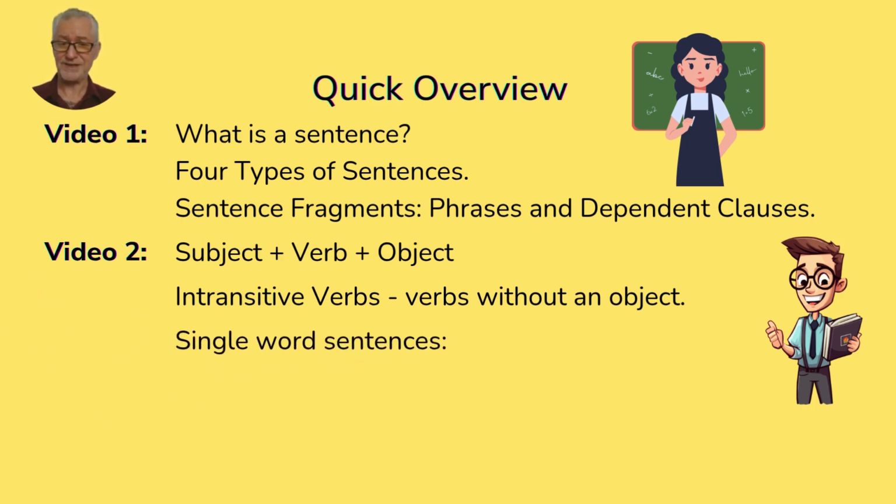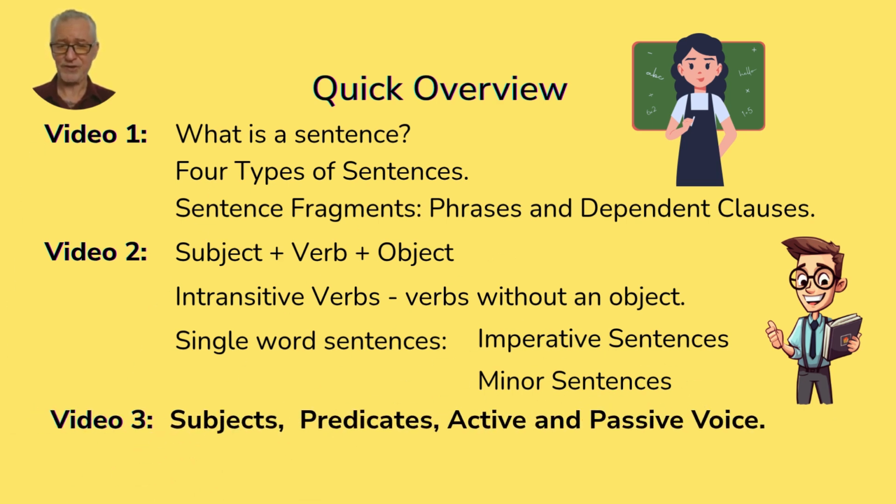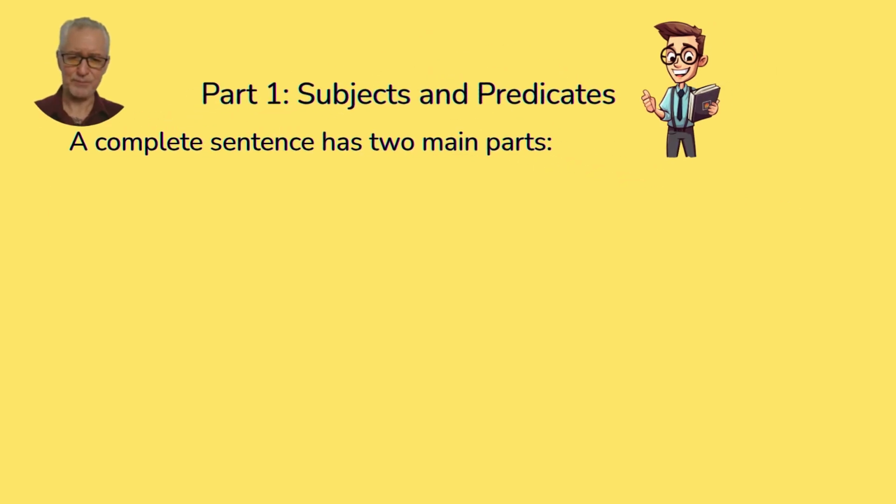And we also looked at single word sentences, particularly imperative sentences and minor sentences. Today, we're going to build on those foundations, looking at subjects, predicates, and active and passive voice. If you haven't looked at videos 1 and 2, I suggest you go back and check those out before moving on with today's video.